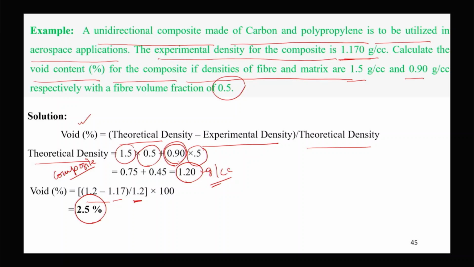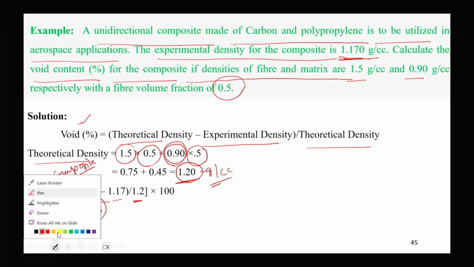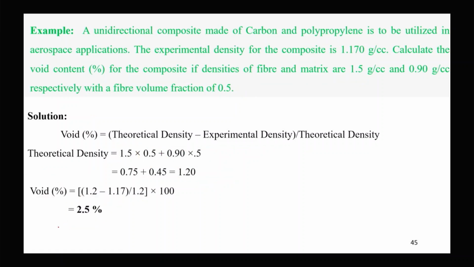Due to that, the density has reduced. Otherwise, density should have been 1.20 if there is no void present. So our target should have been 1.20 here.